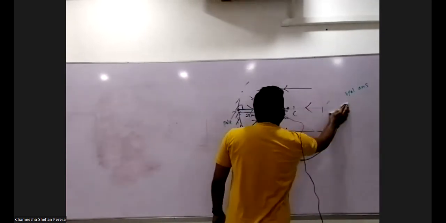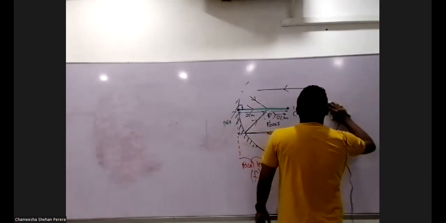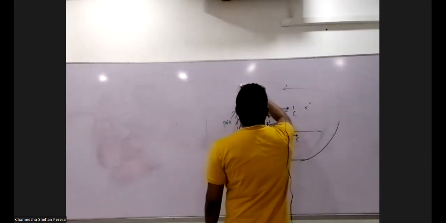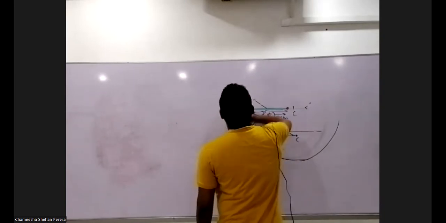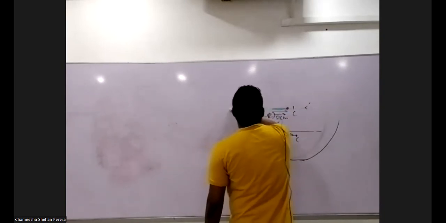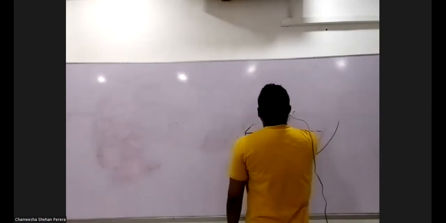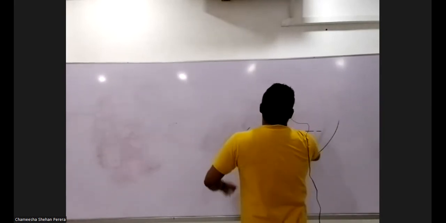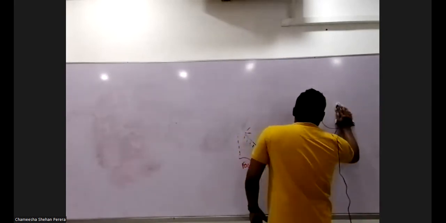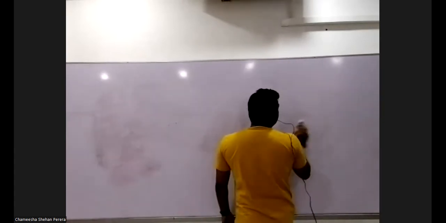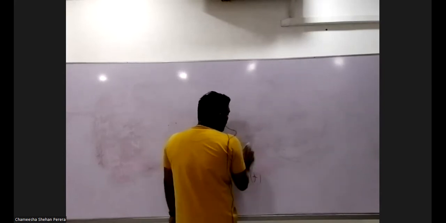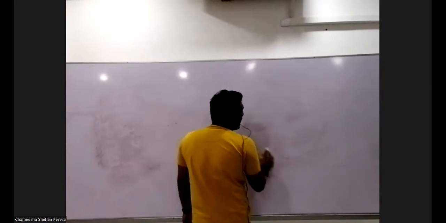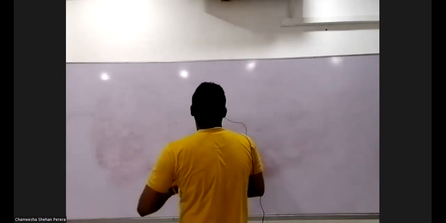Thereafter, after learning all those situations of light rays reaching the plane mirror and how they get reflected, what did we do? We took a point object in front of the plane mirror, and then we considered how the image would be formed after the reflection of light rays by the plane mirror.